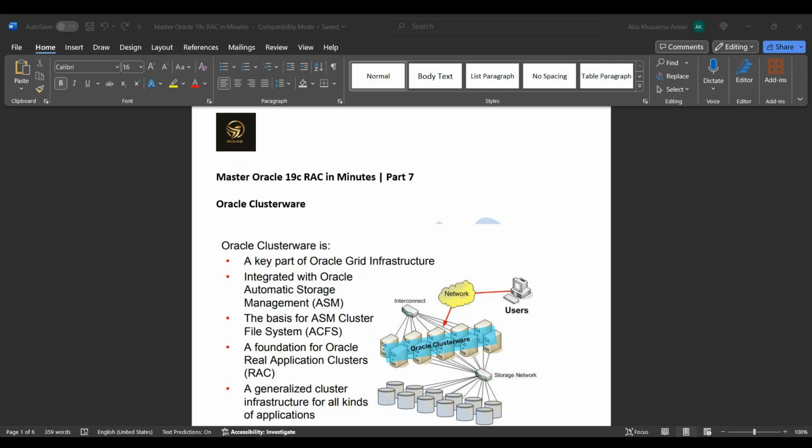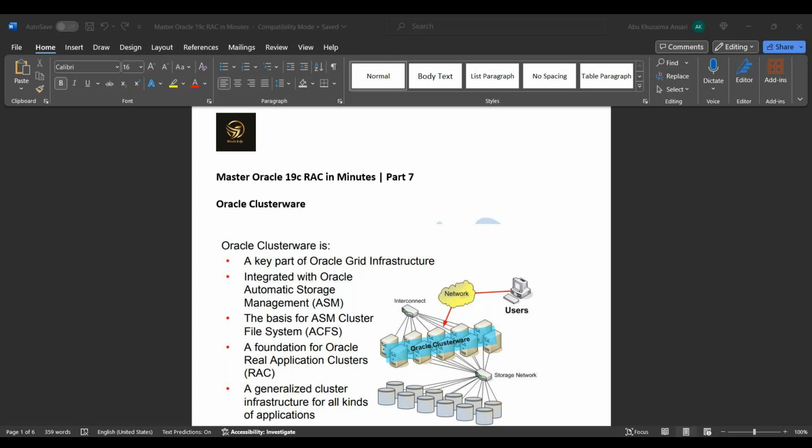Oracle Clusterware is a key part of grid infrastructure, which also includes Automatic Storage Management (ASM) and the ASM Cluster File System, that is ACFS. In release 11.2, Oracle Clusterware can use ASM for all the shared files required by the cluster.